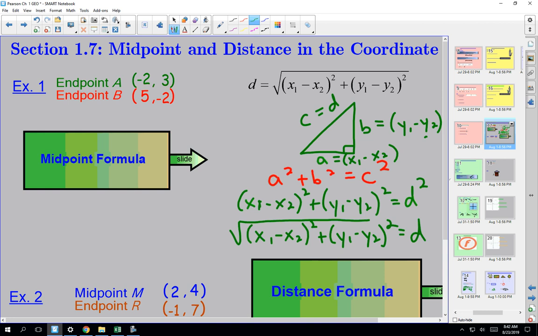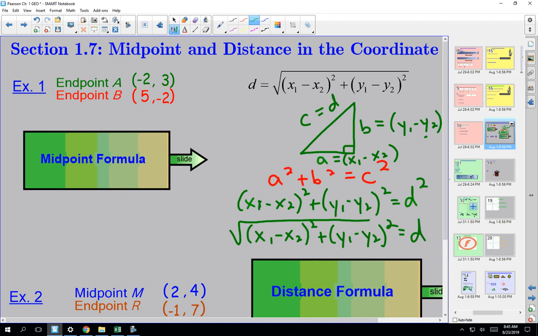We use this frequently. So example 1 says find the coordinates of the midpoint with endpoints of A, -2, 3, and B, 5, -2, and the distance. So we'll get the midpoint formula in here as well.